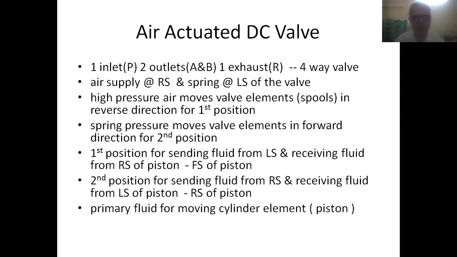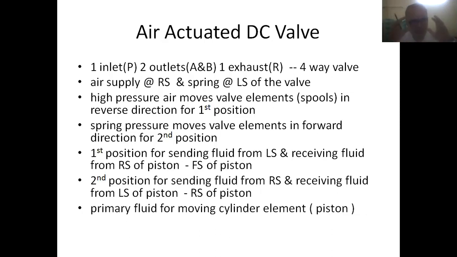So friends, here we have information pertaining to the DC valve consisting of one inlet, two outlets, and one exhaust. In total it has four ports. It is called a four-way DC valve.